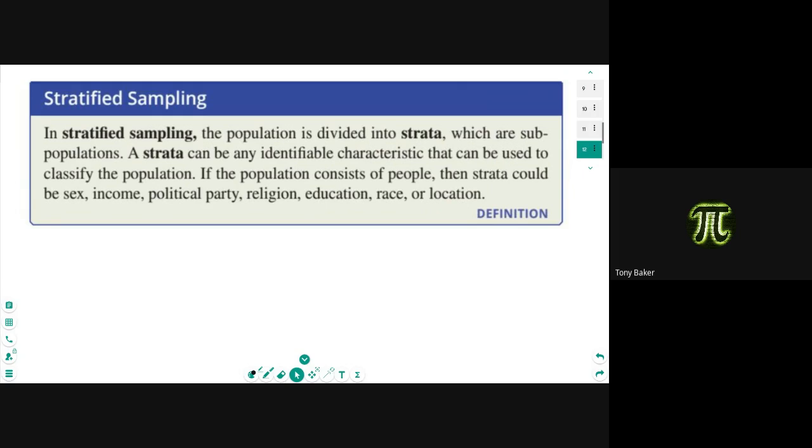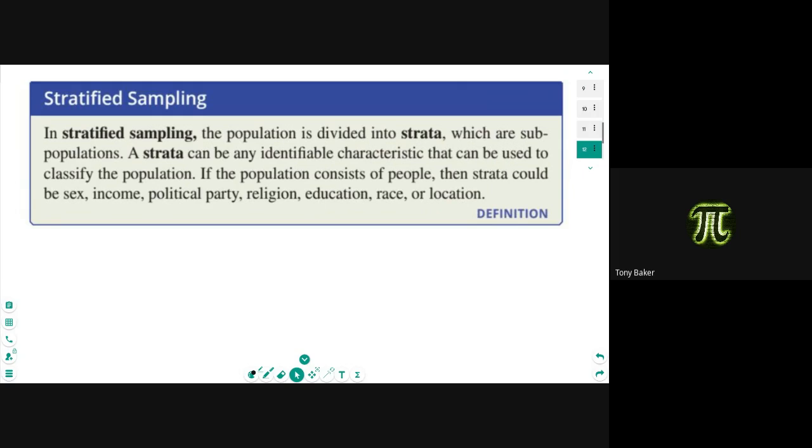Now you can use your cluster sampling or your random sampling in each of those, so that the random sample you're going to get at the end is the same demographic as the entire area that you're looking at. So if I'm looking at 40%, and then 40% for the middle class, and then 20% for the upper class, that's my population.